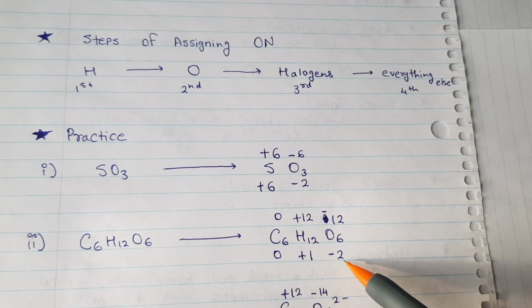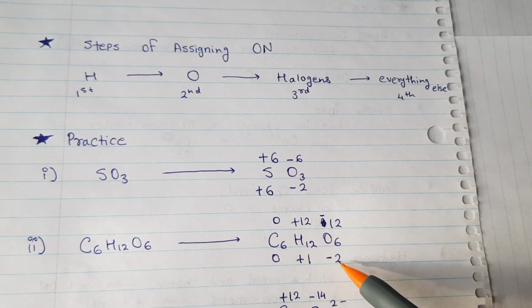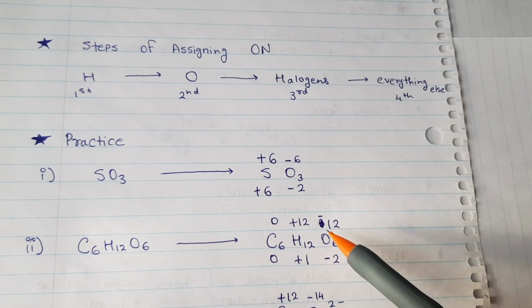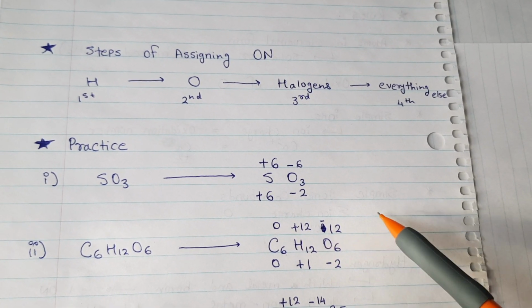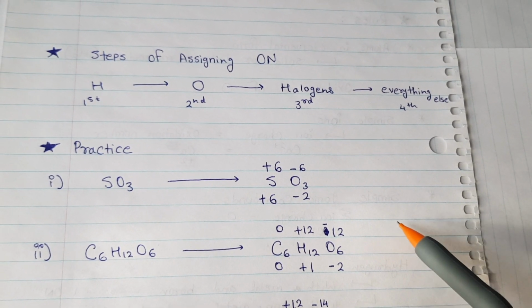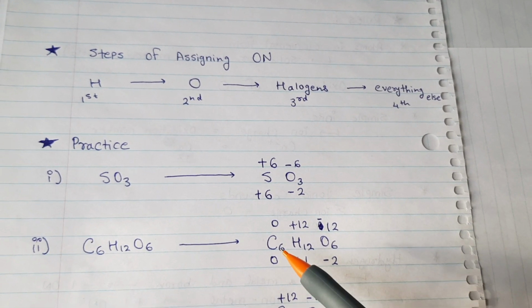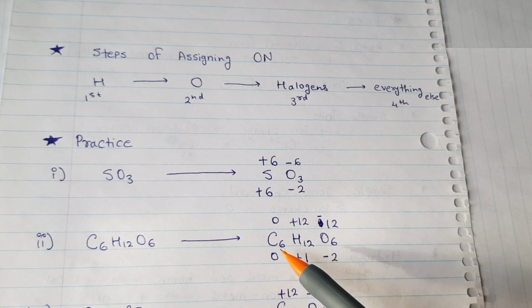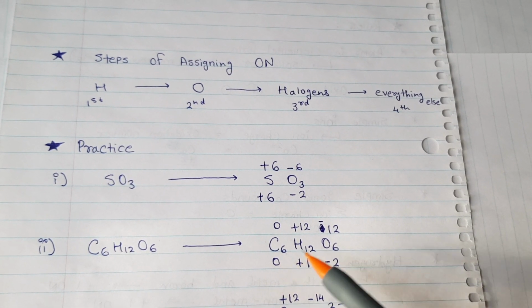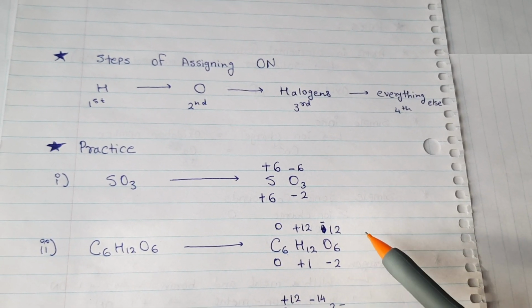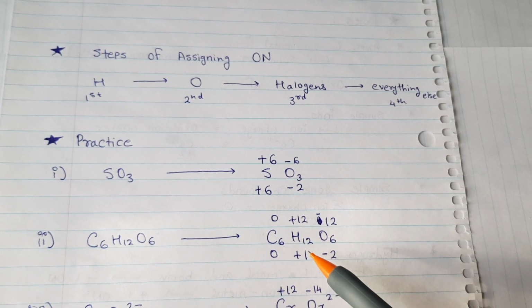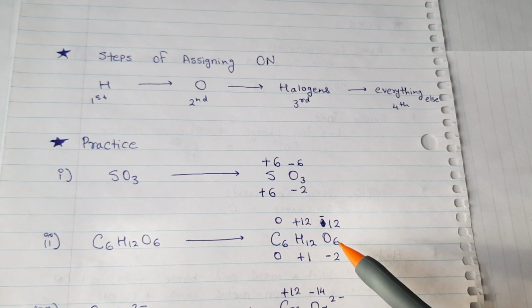There's only one exception, which is H2O2. We multiply -2 by 6, and we get -12. Now when you add these together, we get the oxidation number sum to be 0. That means carbon has to be 0, because if carbon has a negative or a positive number, we won't get the sum to be 0. Carbon has to be 0, hydrogen has to be +1, and oxygen has to be -2.